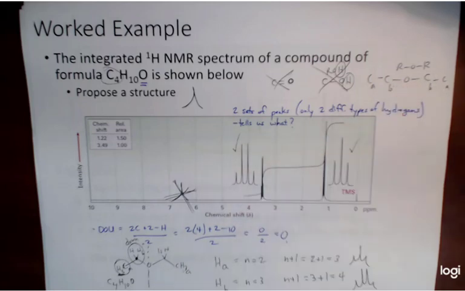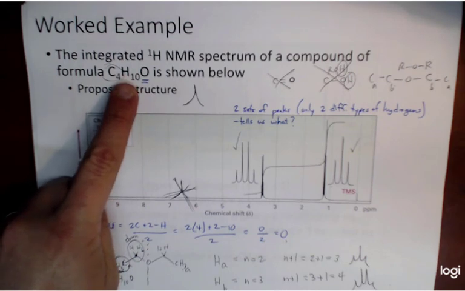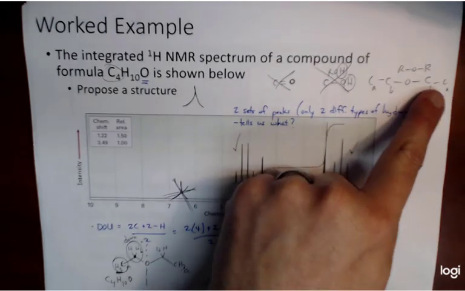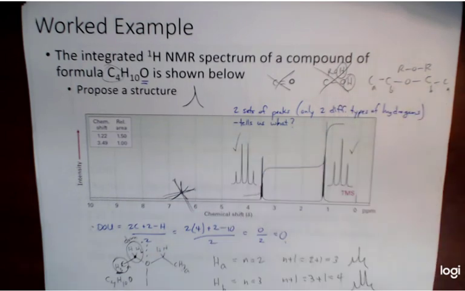All single bonds. And the fact that we have two sets of signals for 10 hydrogens means that we have some symmetry in our structure. So I first speculated that the ether probably has 2 carbons on one side and 2 carbons on the other.